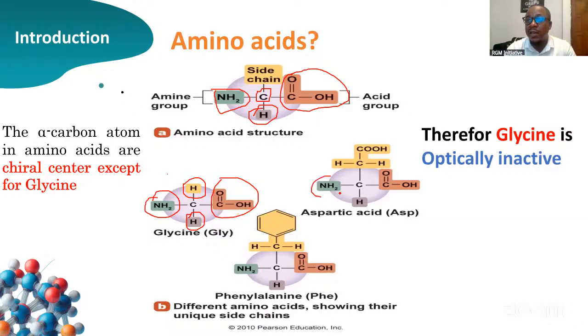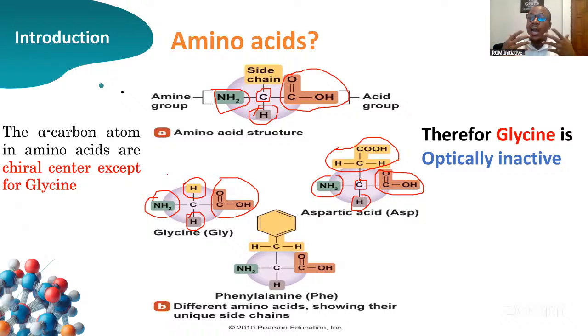This is like what we have in aspartic acid. You can see the amino group 1, the carboxylic group 2, hydrogen 3, then this other group here 4. So this carbon atom now is a chiral center. So this molecule will be optically active.